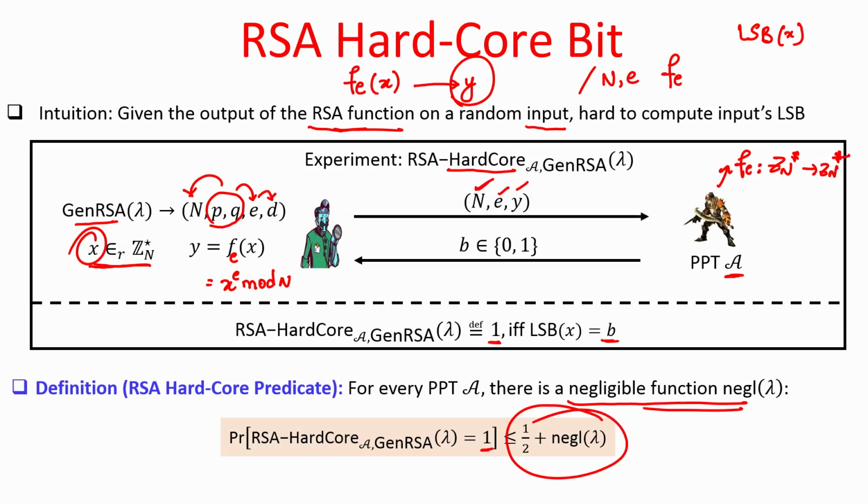That means he should not be able to do anything significantly better than probability half. And it has been proved that computing the LSB of x just based on the output of that random x as per the RSA function indeed is difficult to compute in polynomial amount of time.